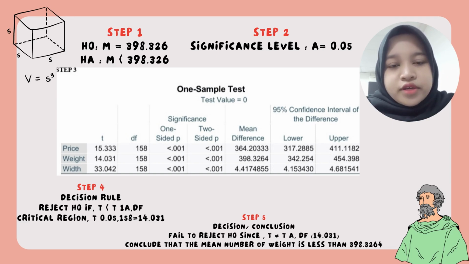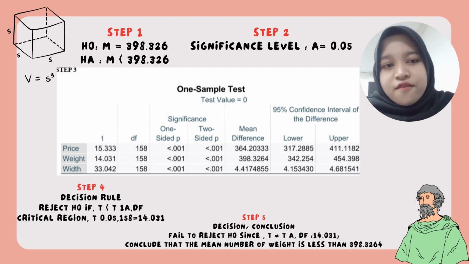Then we can look at the one sample test, which has price, weight, and width. For price, we got 15.333, and for weight, we got 14.031. Last is width, where we got 33.042. For the DF, we got 158.